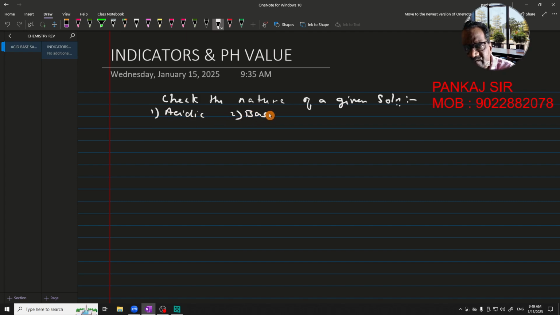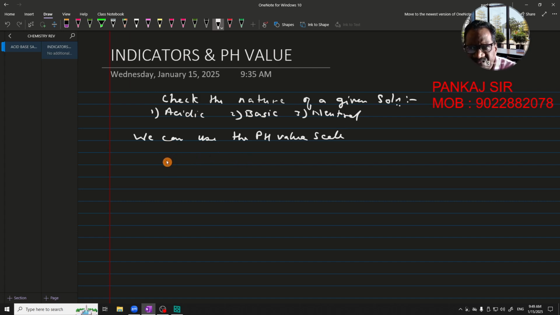See, it can be either acidic, basic or neutral. To check this, we can use the pH value scale, and we can tell whether a solution is acidic, basic or neutral.